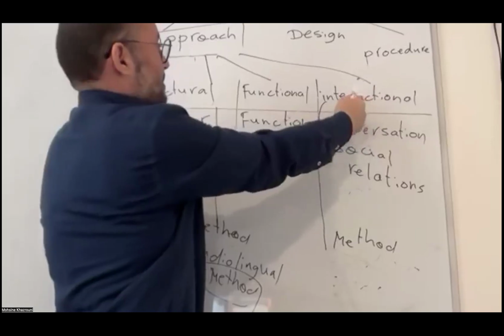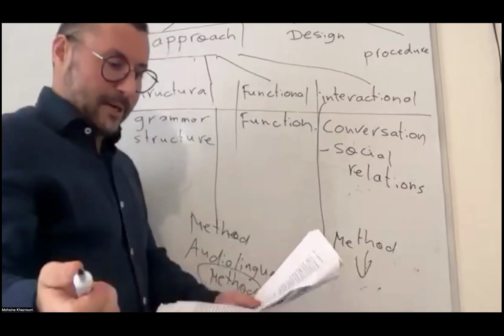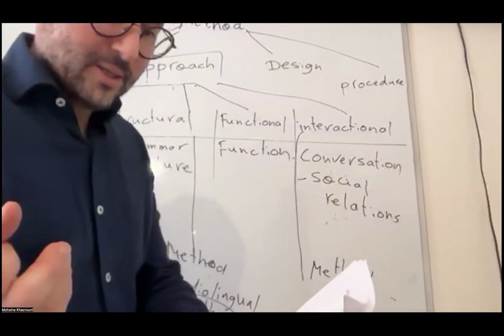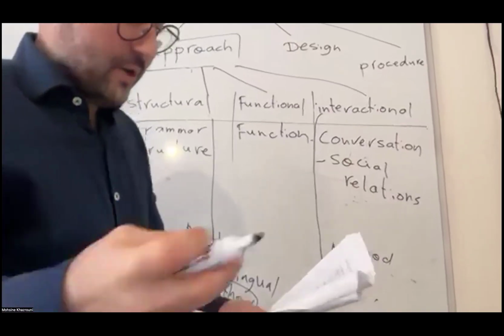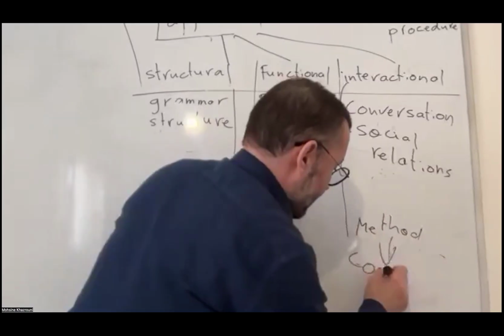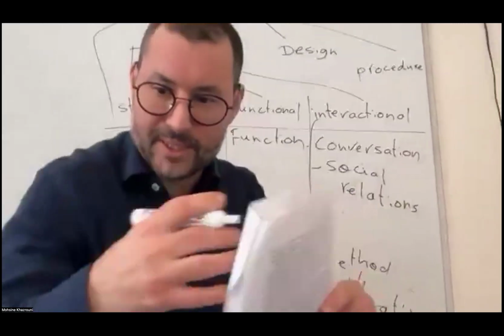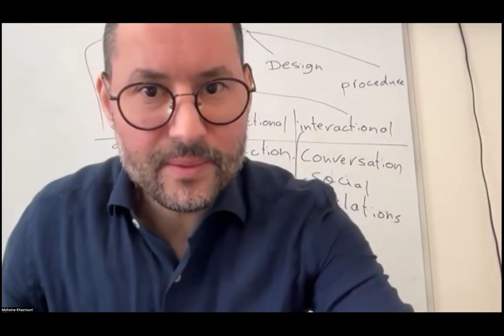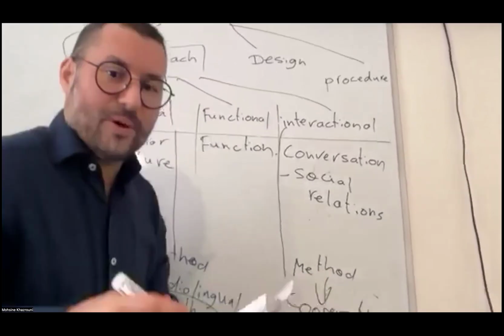For the interactional approach, one of the methods we can use, there are a lot of methods, is, as you said, cooperative learning. You know the word cooperative? What comes to your mind when you hear the word cooperative?